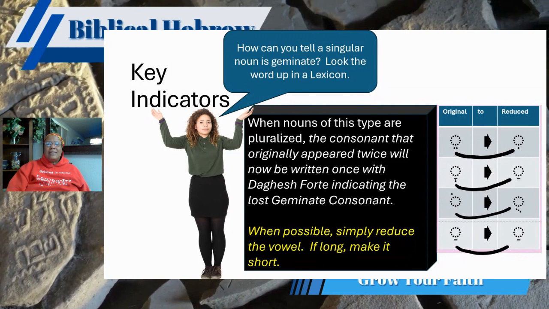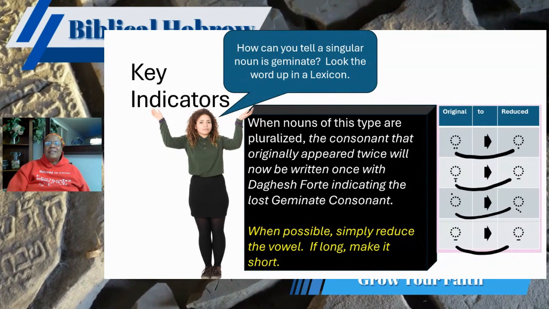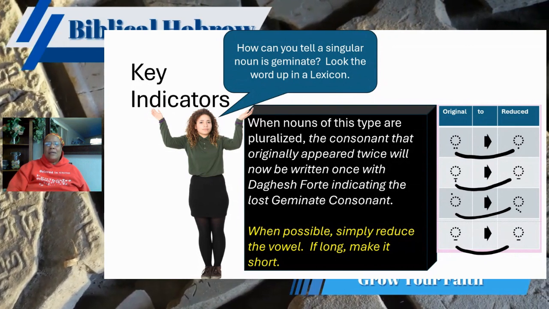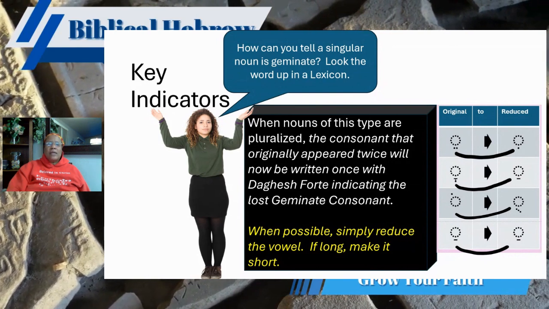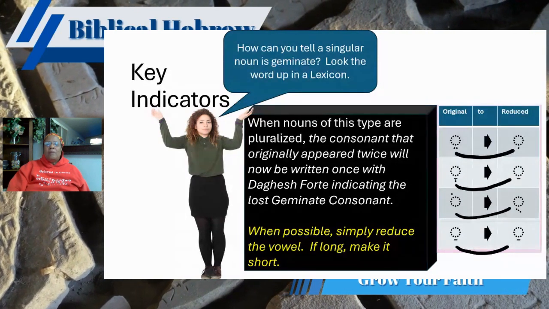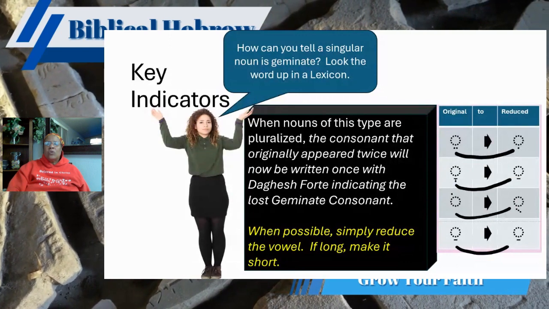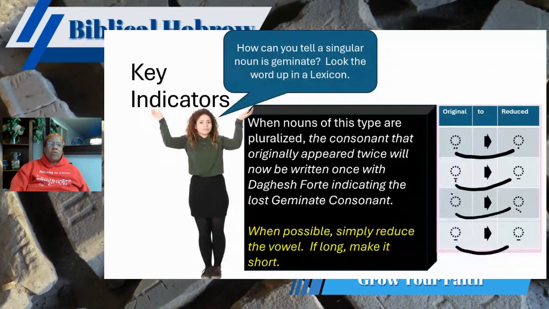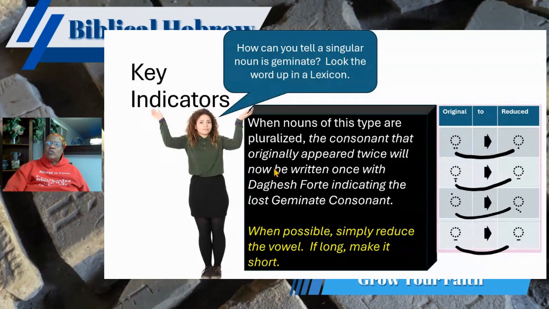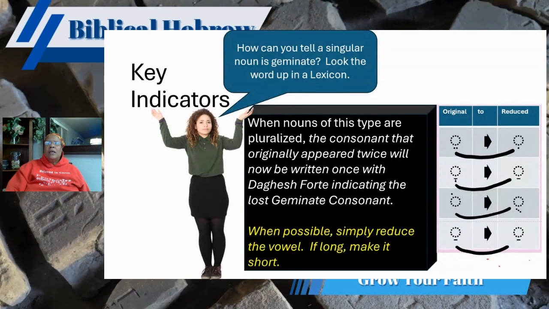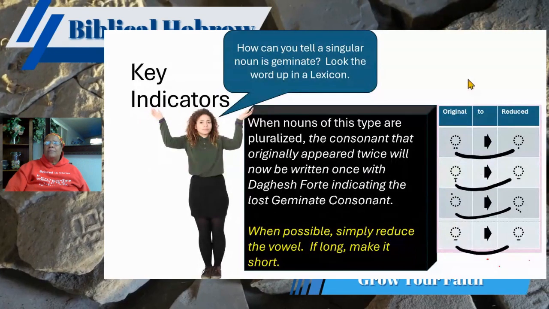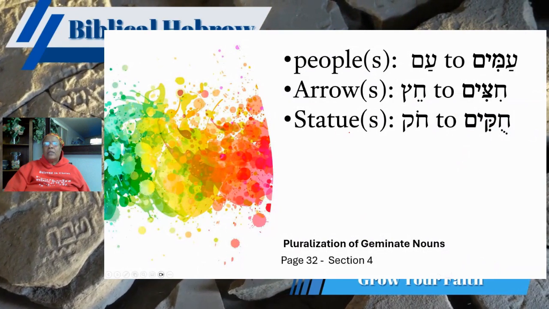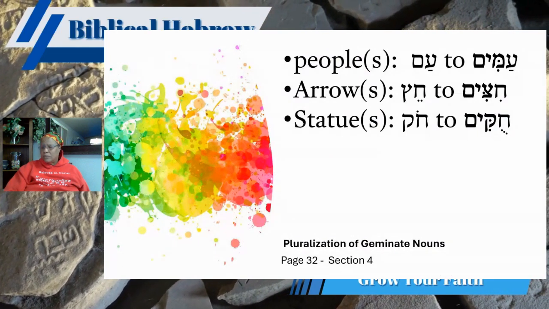The hets becomes a hitsim. Hitsim. So again, you're doubling the tsade. Choq becomes chuqqim. Chuqqim. So just know that you're simply doubling it, and it's going to show up when you actually pluralize it.